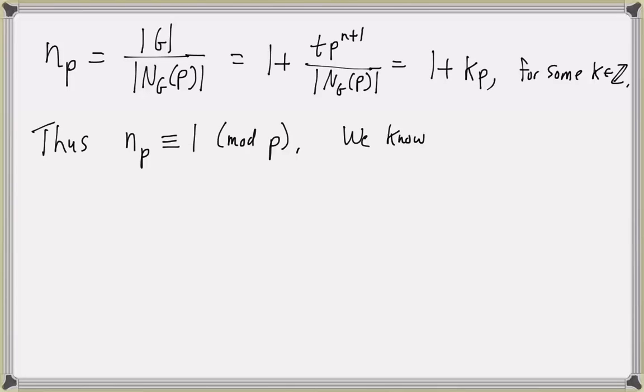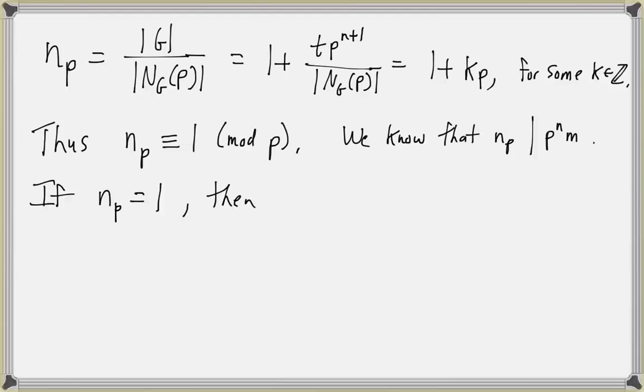Now we know that the number of Sylow p subgroups n sub p actually divides the order of G, which is p to the n times m. So if it so happens that the number of Sylow p subgroups is 1, then clearly n sub p would divide m. If the number of Sylow p subgroups does not equal 1, then n sub p is still congruent to 1 mod p.